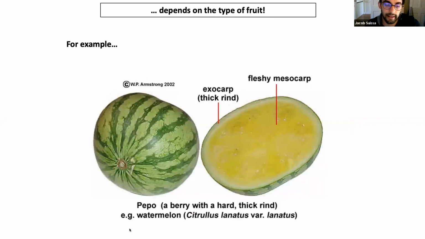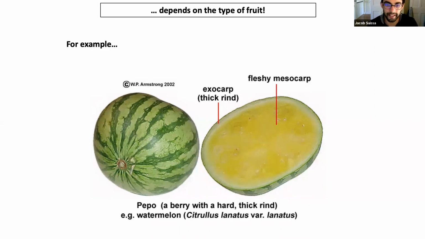So we call watermelons and other things that have thick rinds pepos. I don't know why. I think I looked it up during lecture. I think it comes from the Greek. There was a term like pepo something, and it meant watermelon or something like that.